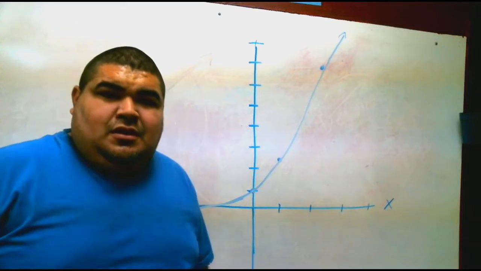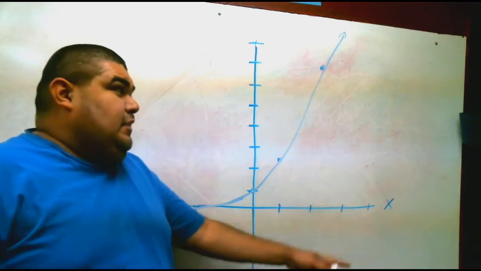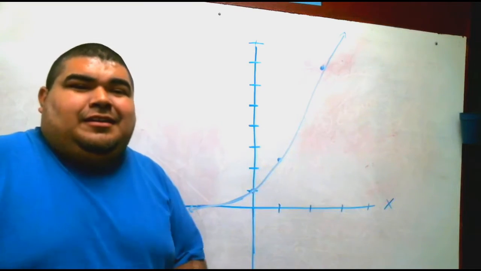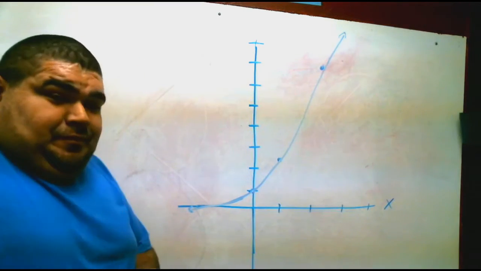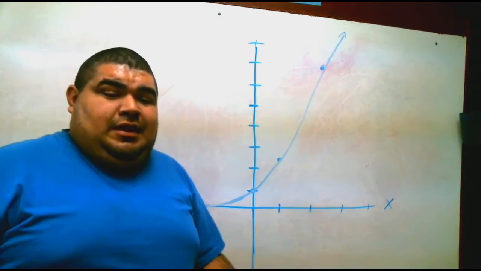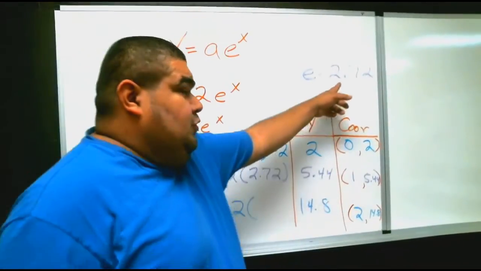And there's our line. Okay? Obviously I messed it a little by a few centimeters there. It's okay. So we graphed all 3 points. Okay? Again, remember guys, if your calculator doesn't have E, you can always use 2.72.